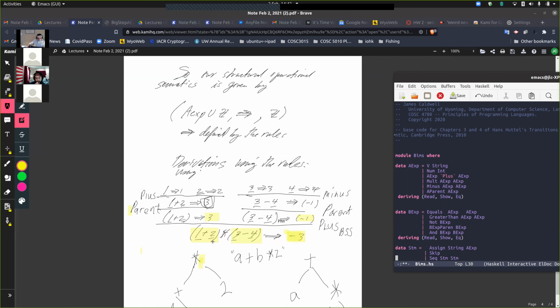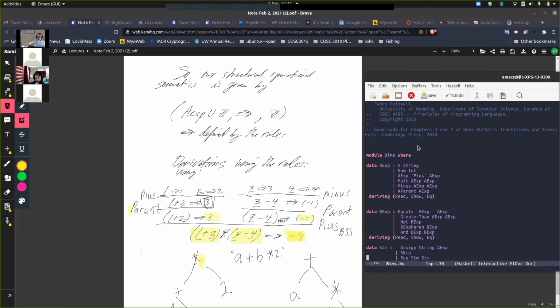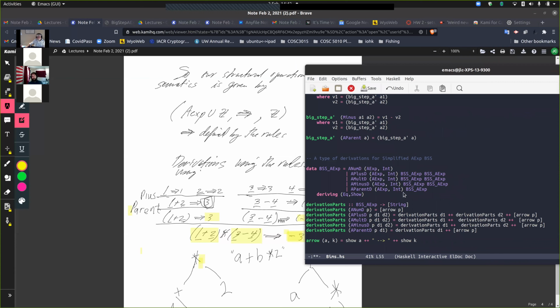This shows that this pair of this expression and this integer are in the arrow relation, and how you use the rules to derive it. And so it's a kind of a derivation that in fact this pair is in that relation. And the code includes like an actual data type for representing derivations like this where the rules are labeled. So we'll talk about that more next time.